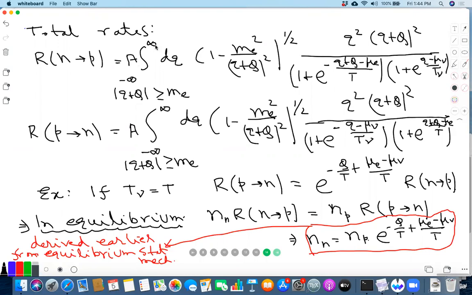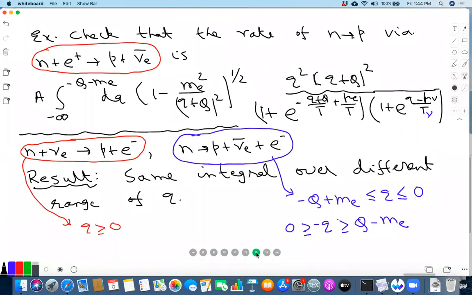So this includes the full range of Q, except this particular range, and this contains, as we discussed, a contribution from this one and this one. This one corresponds to the range of Q from minus infinity to minus Q minus Me. This will correspond to the range where Q is positive, and this one will correspond to the range of Q where Q lies in this range.